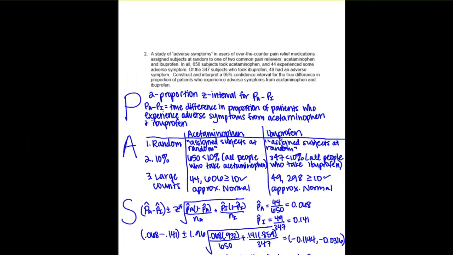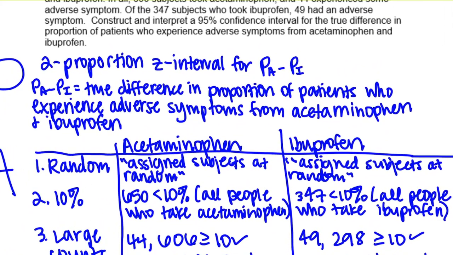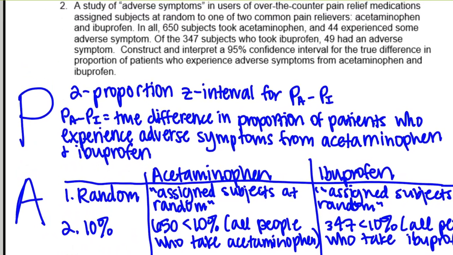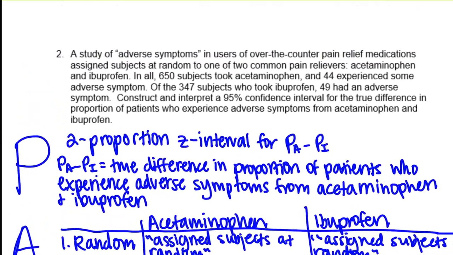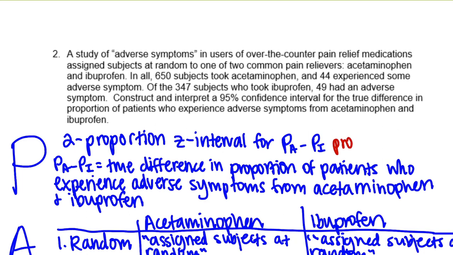All right. So again, we have our procedure and our parameter. Now, if you're not sure how to identify the procedure, on this one, it's obvious that we have 2 samples because we have 650 subjects who took acetaminophen and 347 who took ibuprofen. So that's where we have 2 samples.